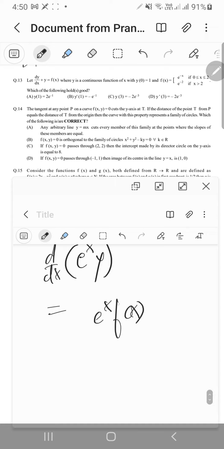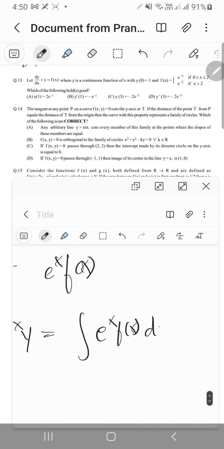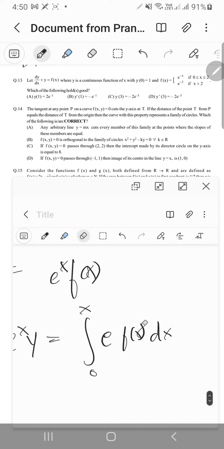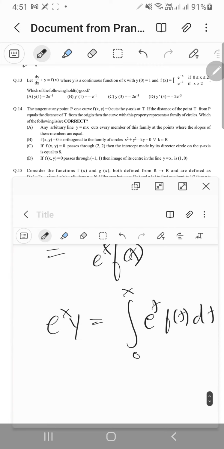At 0, of course, it's just 1. So yeah, just have e power x y equal to integration of e power x f of x dx, and it's from 0 to x. Now I should say e power t f of t dt, and it is from 0 to x.